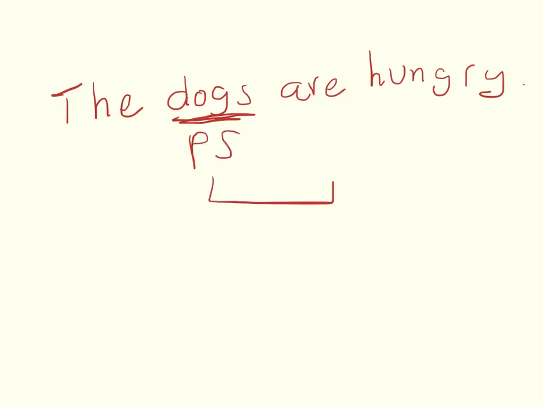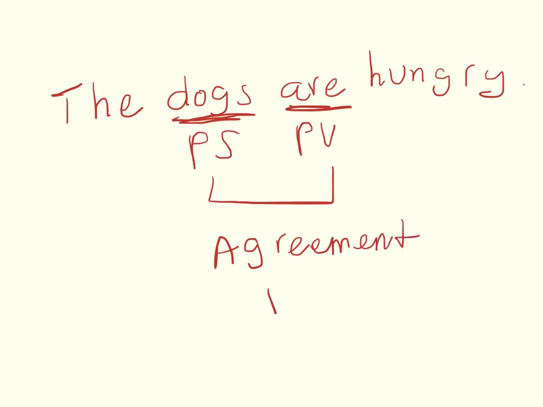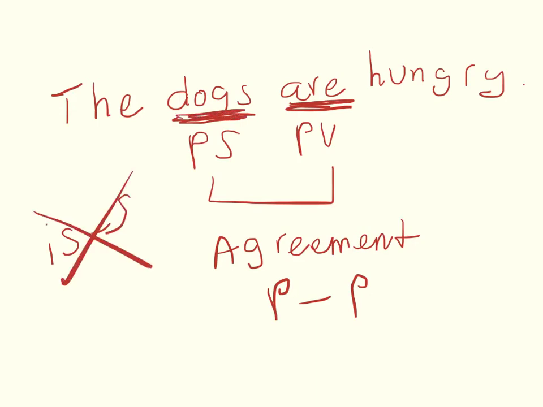Remember, plural subjects must take a plural verb, right? That is subject-verb agreement, right? Plural to plural. And remember that the plural form here is are. All right, makes sense? The dogs are hungry. Wouldn't make any sense if you said the dogs is hungry, because is singular, all right? And dogs is plural, must have a plural verb to go with it.